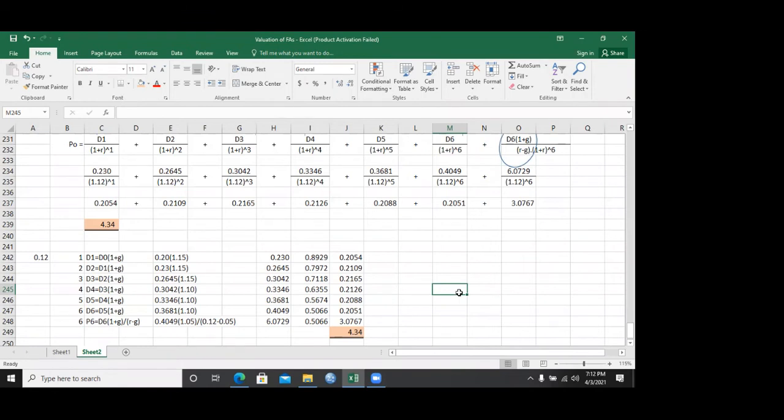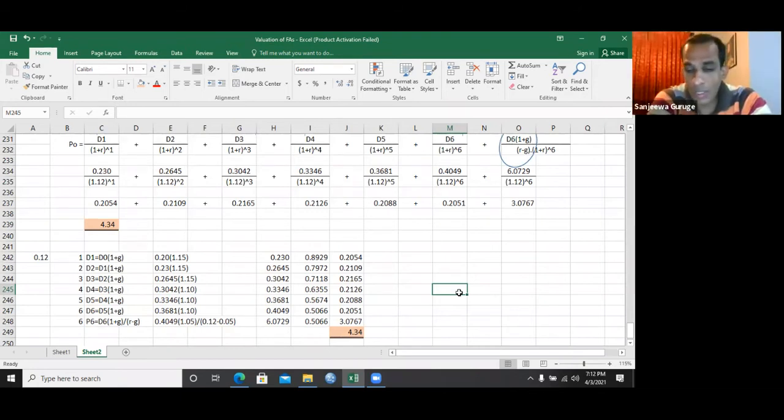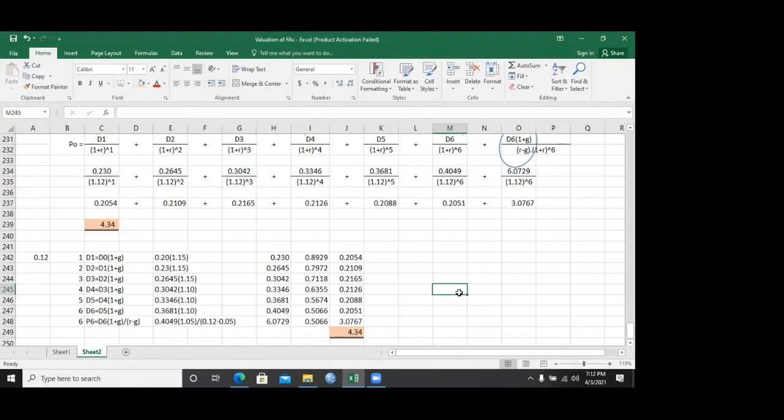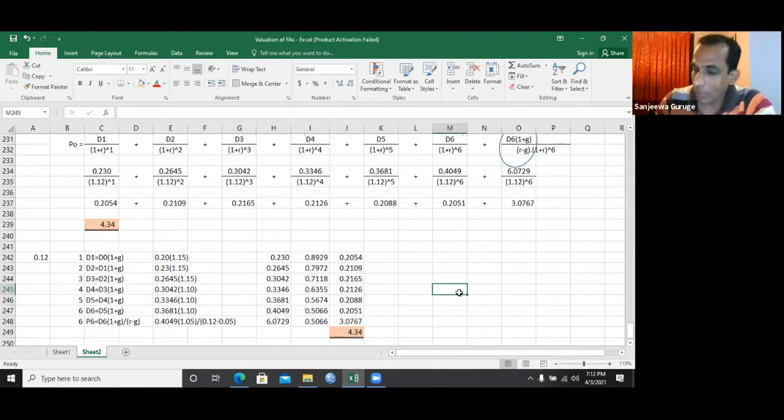Whether we hold the share or not, based on the market information, the price won't change. Holding the share is the investor's option. An investor can hold the share or sell it, but the fair value of the share will not change based on the holder.